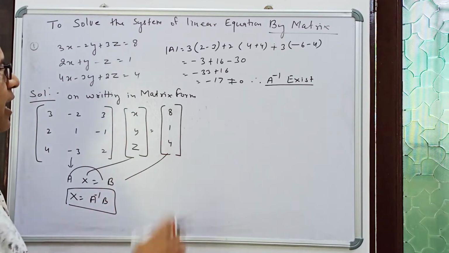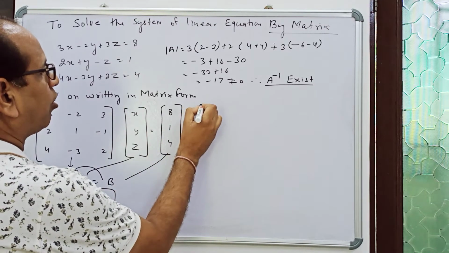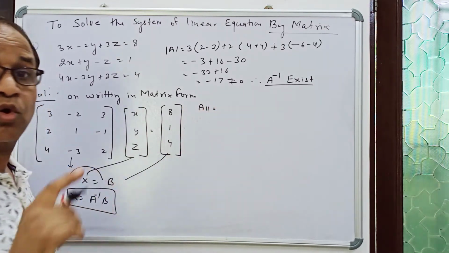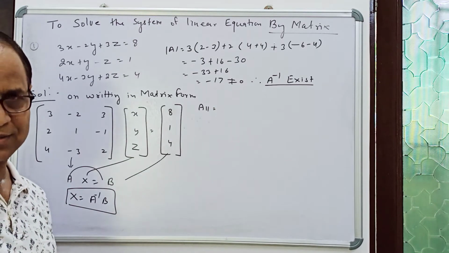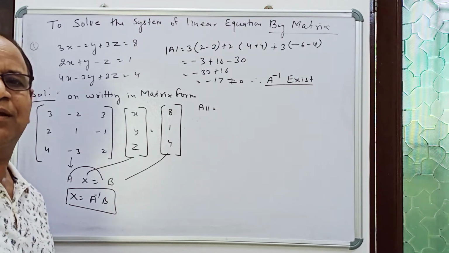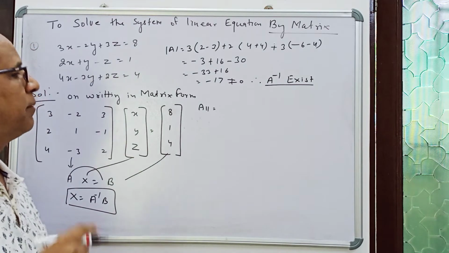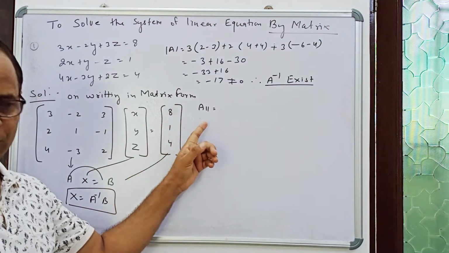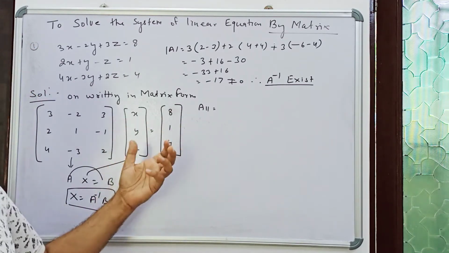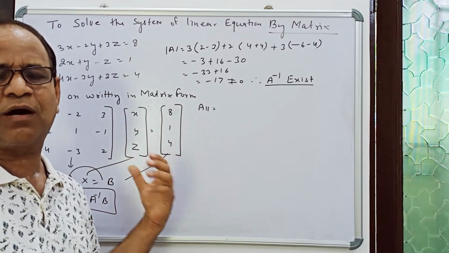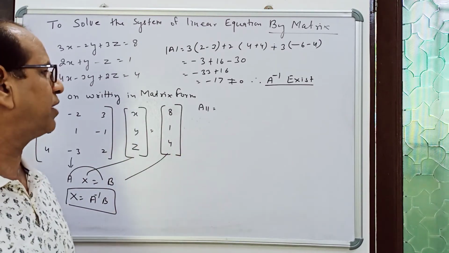For calculating A inverse, we need all the 9 cofactors. Cofactors, as I told you, means they are the negative of the minor. So we are directly calculating cofactors, because in my previous classes we have done a lot of practice on how to calculate the minor and how to calculate the cofactor.